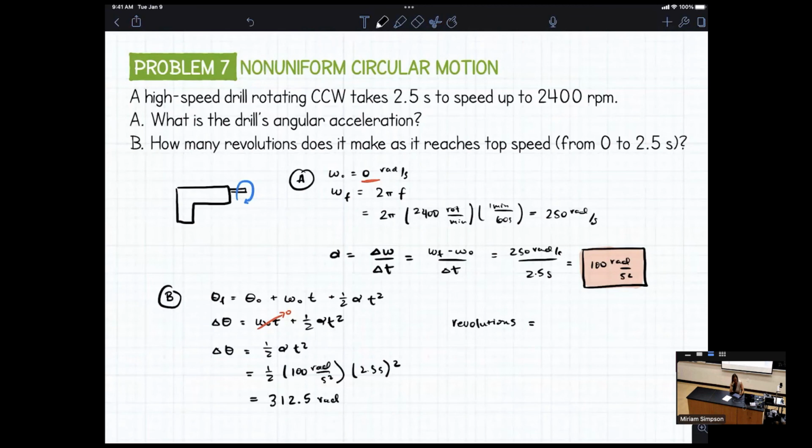Yeah, so we have 312.5 radians divided by 2 pi, which we will call radians per revolution. Okay, so radians per one time around a circle. Circle stuff gets crazy. So do that. Turns out you divide this, you get 50, because I picked all these numbers to be really nice. So 50 revolutions until you get up to speed.